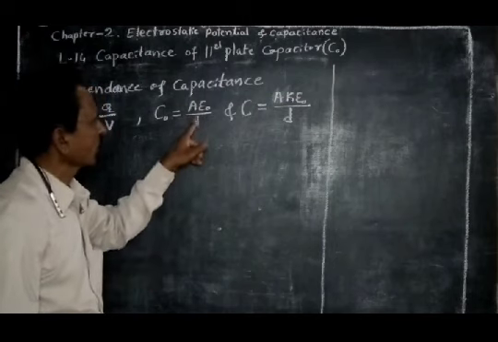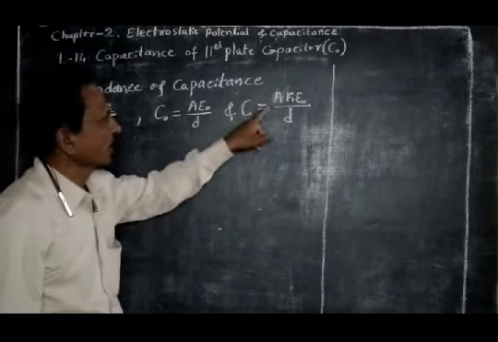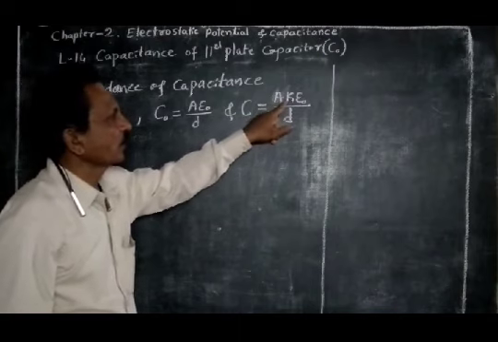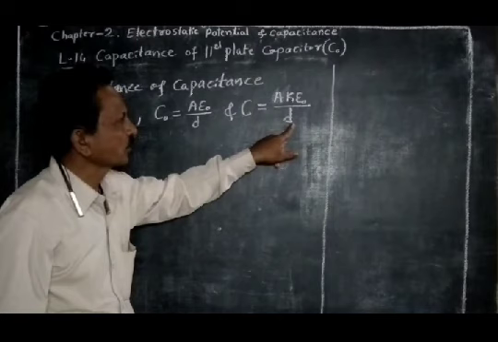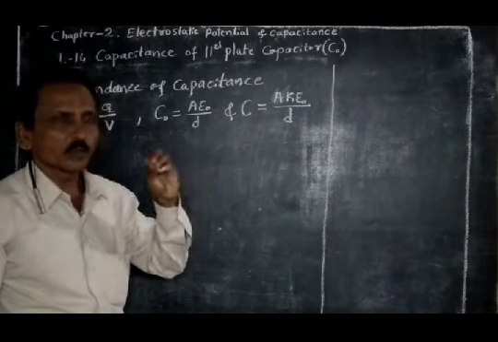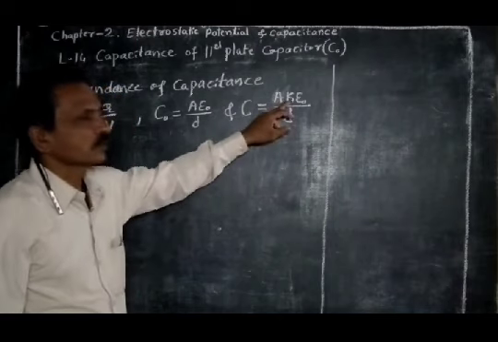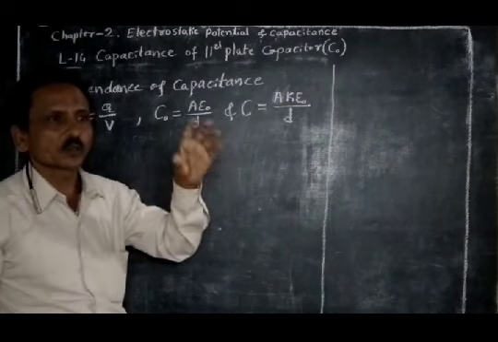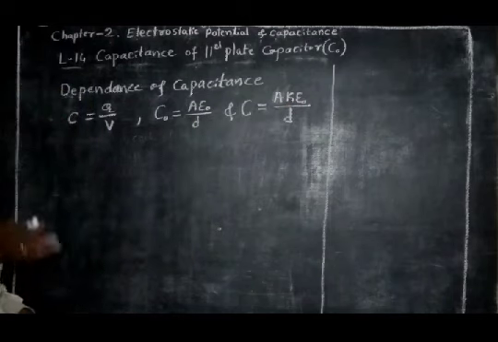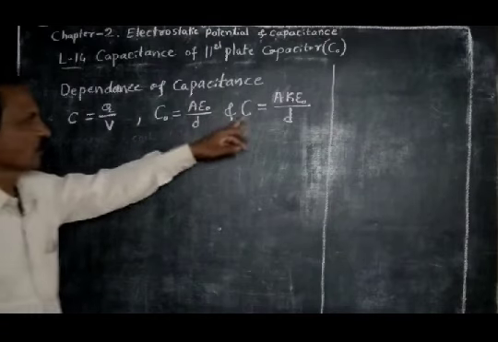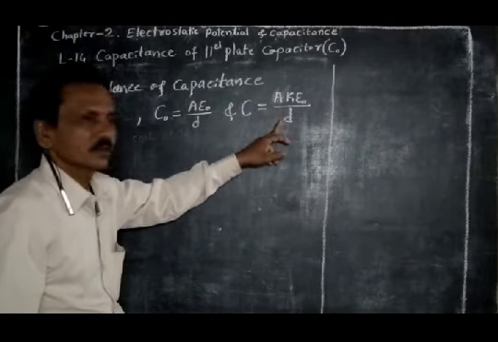Here it is A epsilon naught upon D, and there it is A into K into epsilon naught upon D. That means the capacitance of a capacitor depends on the dielectric constant or permittivity of the medium, or this can also be written as A epsilon upon D.